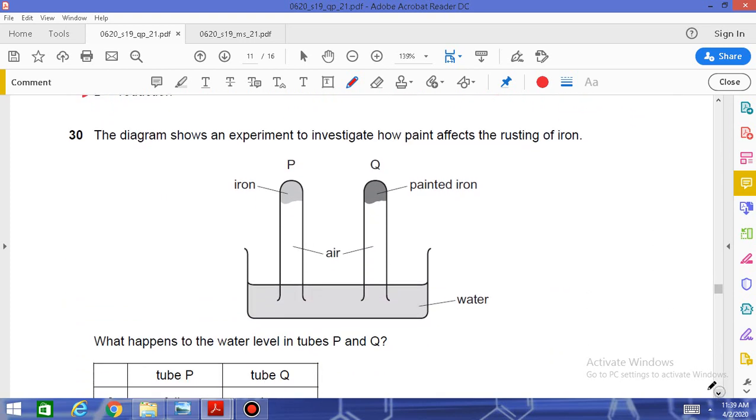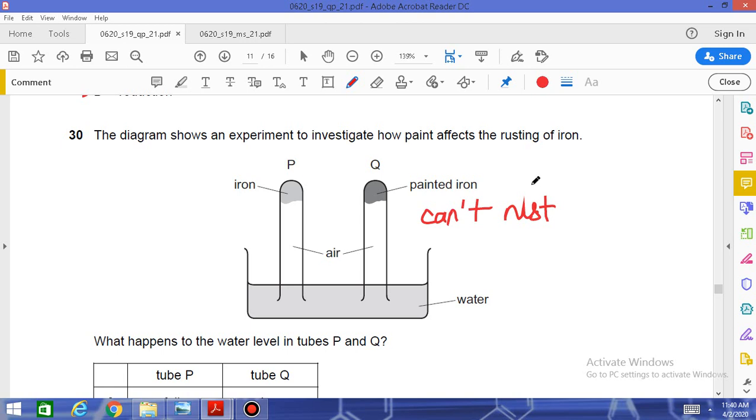Okay, 30. It's about rusting. What happens to the water level in tubes P and Q? The painted iron cannot rust. Okay. So the iron is painted.